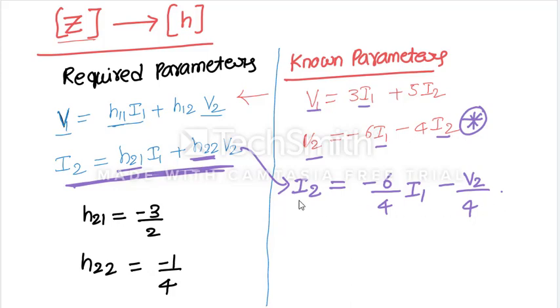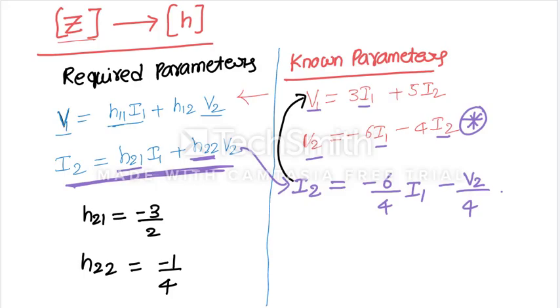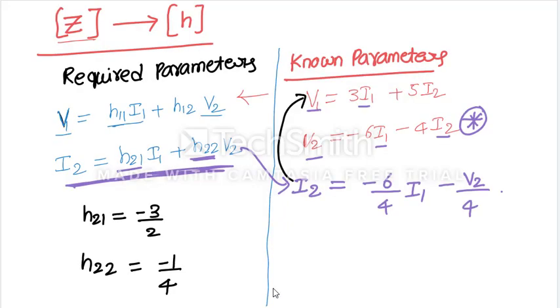We need to replace this modified form of the star equation in the other than the star equation. Replace it. What is the star equation we have? I2 is equal to minus 3 by 2 into I1 minus V2 by 4.